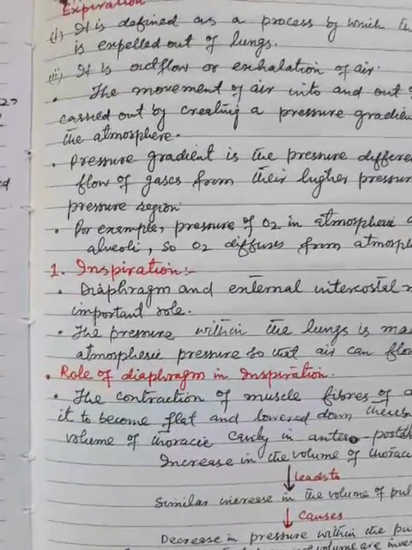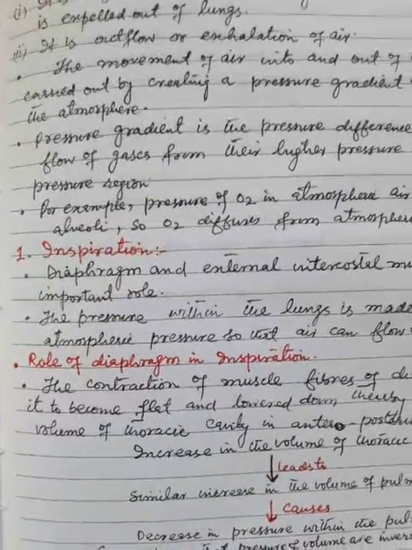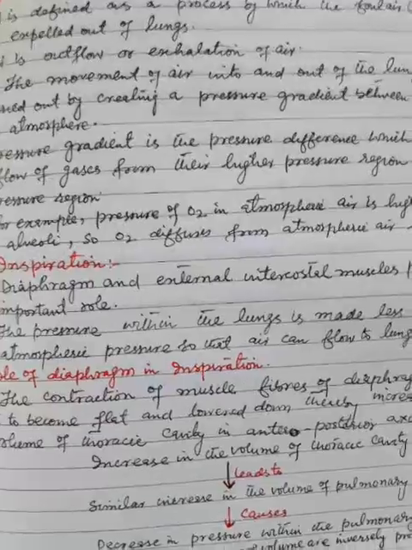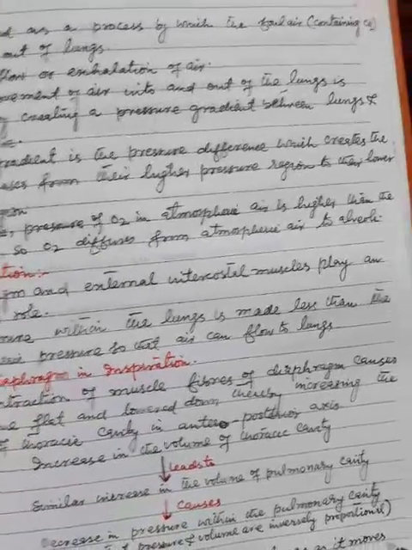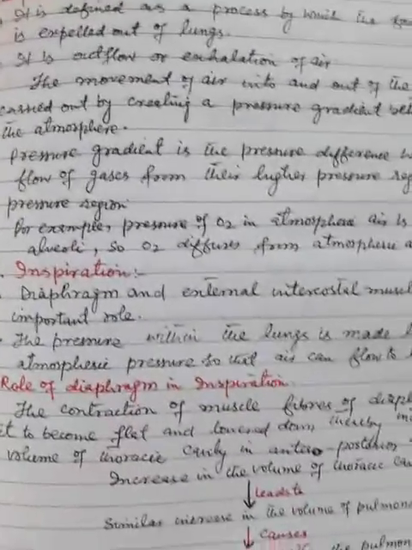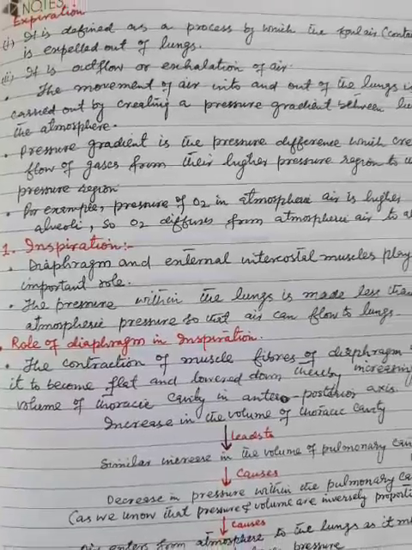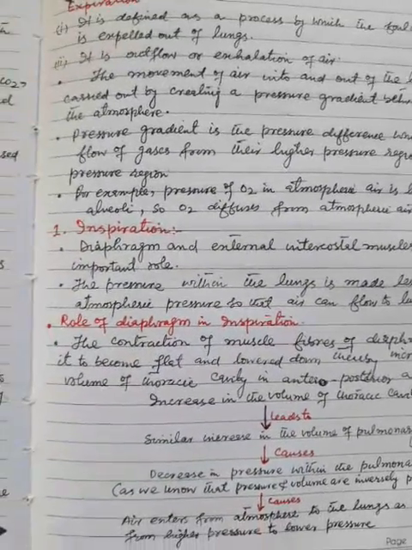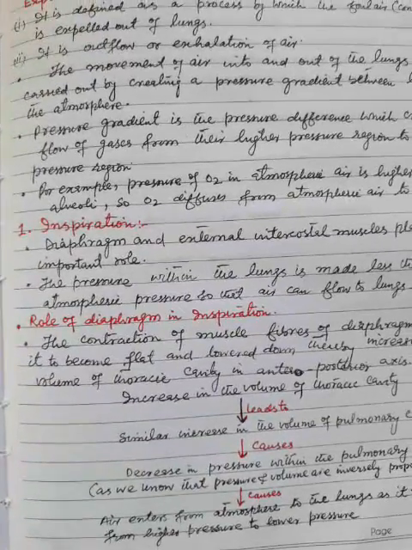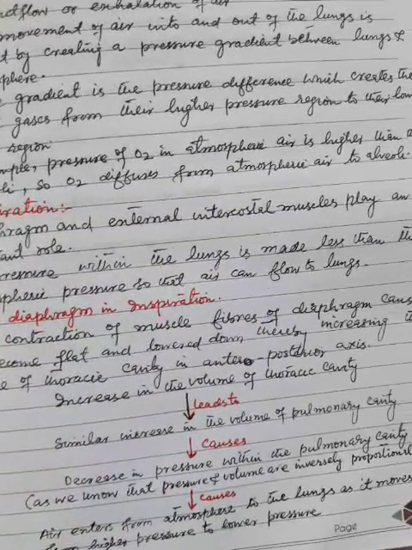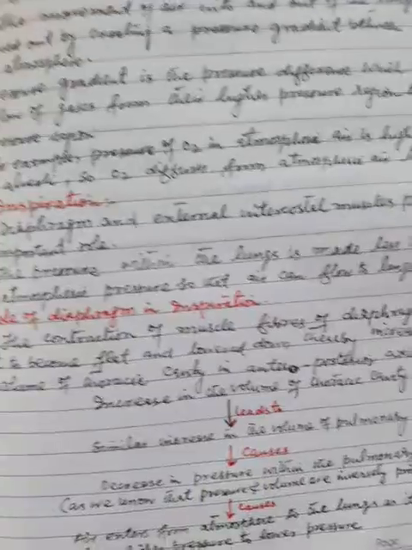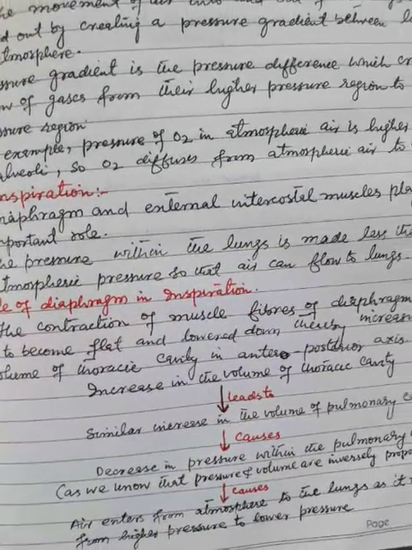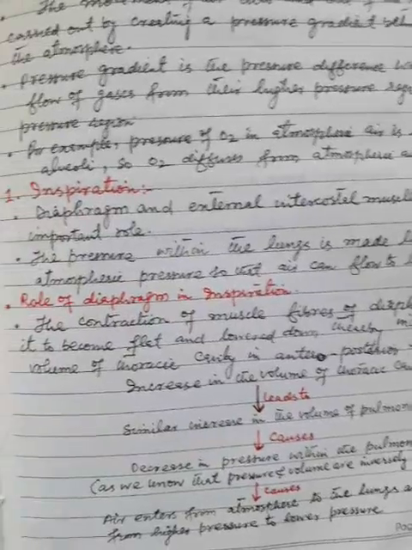Now, inspiration. The diaphragm and external intercostal muscles play an important role. The pressure within the lungs is made less than the atmospheric pressure so that air can flow to the lungs.